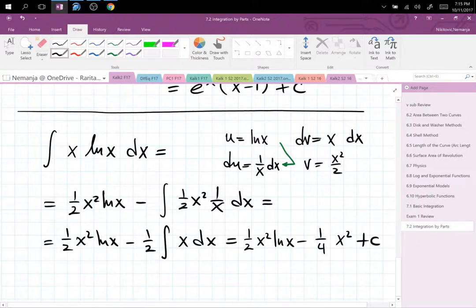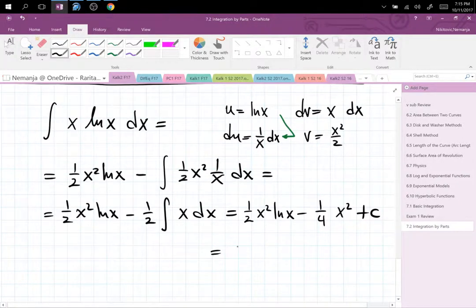Because you're going to get x squared over 2, and then half times over 2 is going to be 1/4. And if you want to be fancy, obviously, you kick out 1/2 x squared, and you are left with ln x minus 1/2 plus c.